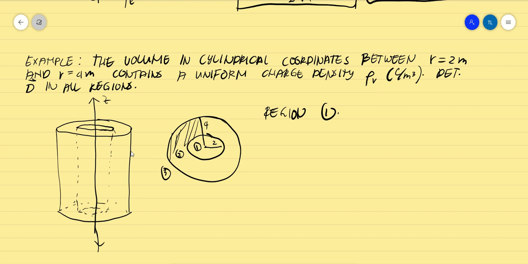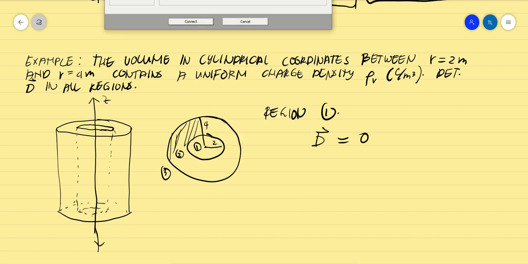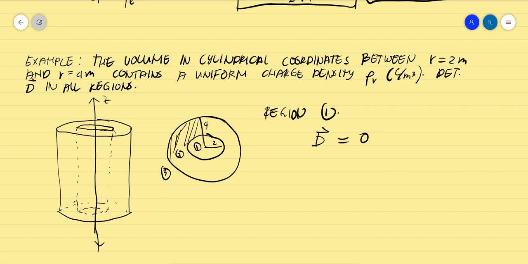If we use that cylinder with Gauss's law, then if there's no enclosed charge, D at that region should be equal to that one with the surface area, but still equal to 0 because Q is equal to 0. Now next, for region 2, this is not equal to 0.